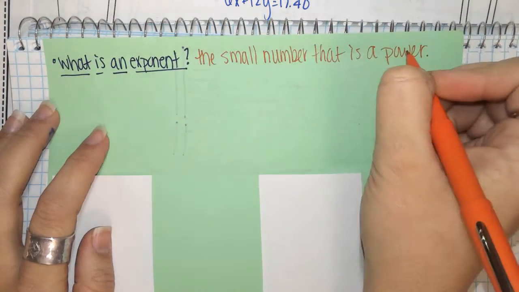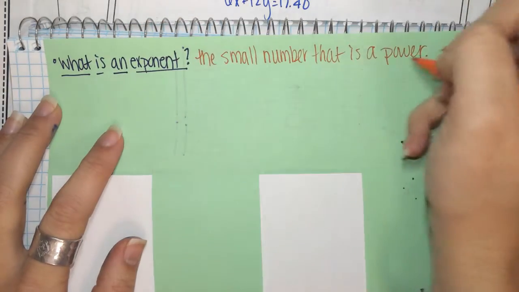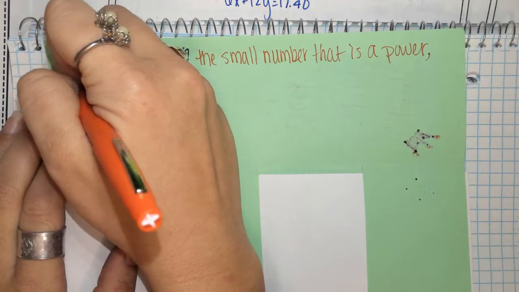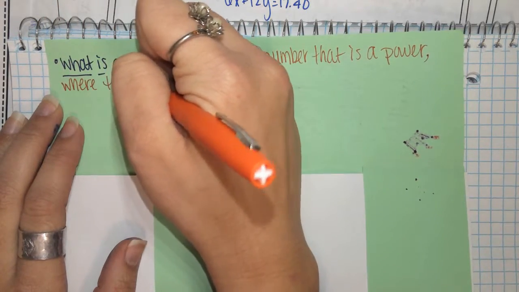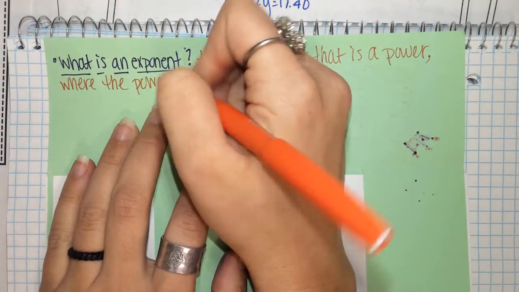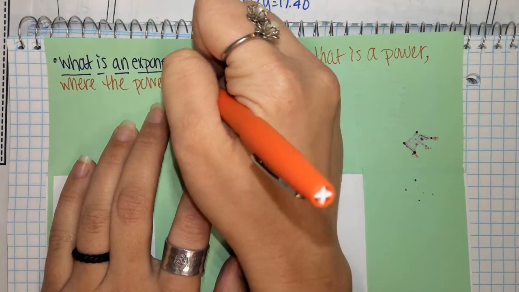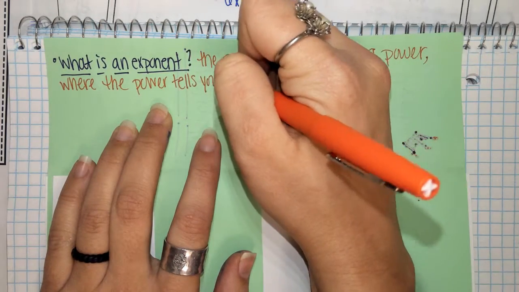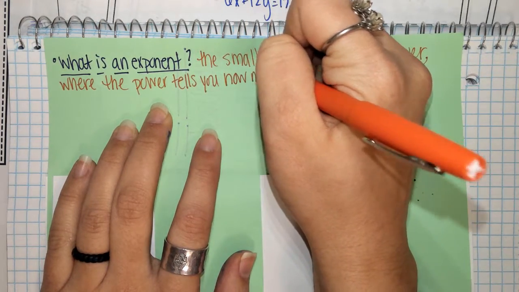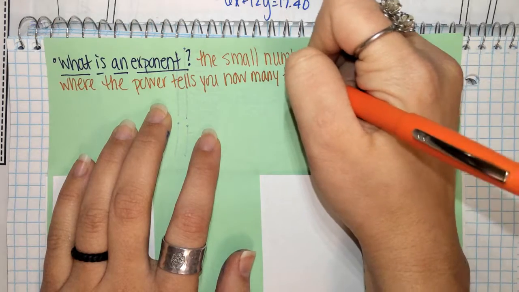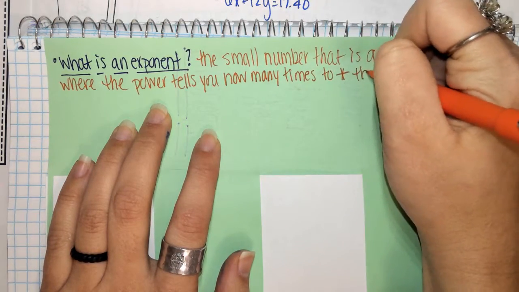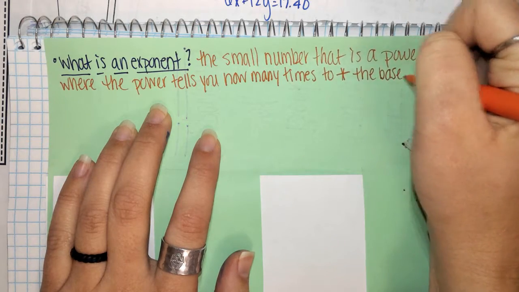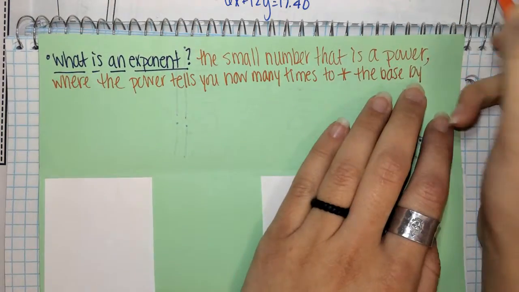All right, so the small number that is a power, where the power tells you how many times to multiply the base by itself.